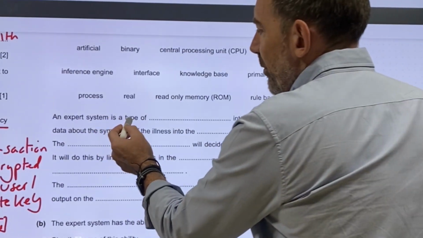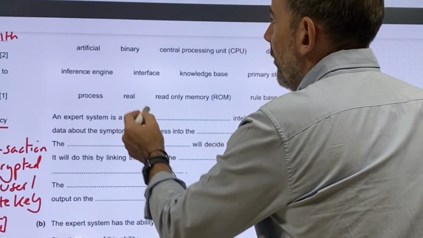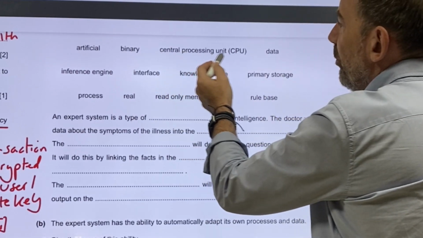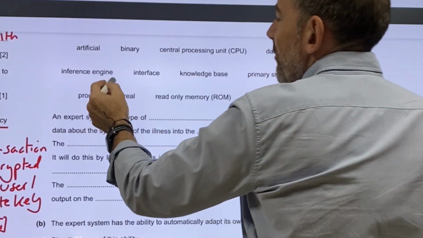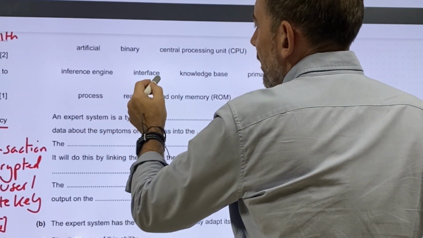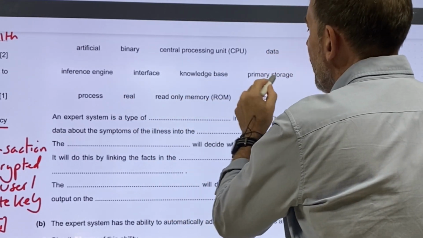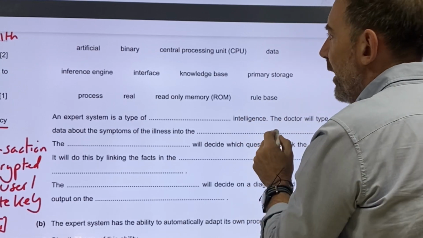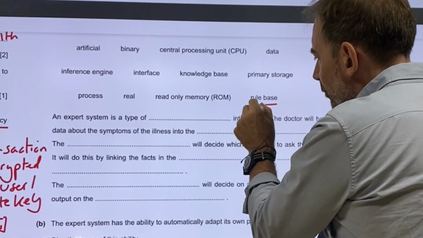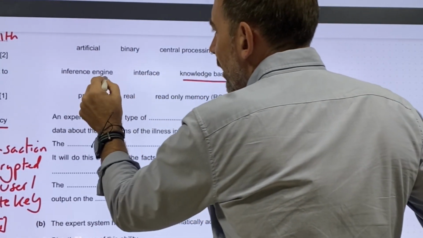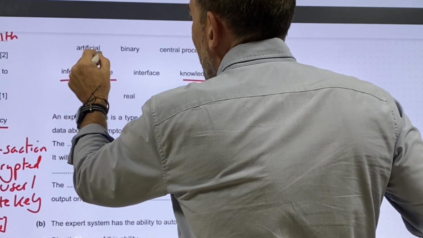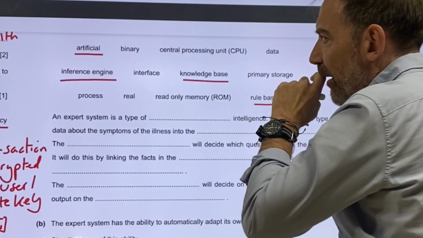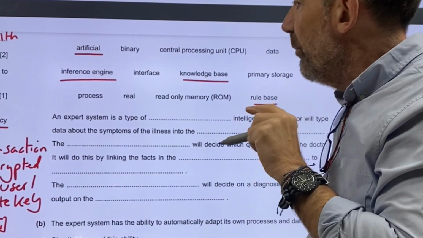So let's go here. An expert system is a type of artificial... binary, central processing unit, data, inference engine, interface, knowledge base, primary storage, process, read-only memory, rule base. These, rule base, knowledge base, and inference engine, are probably the ones that we're going to be using.